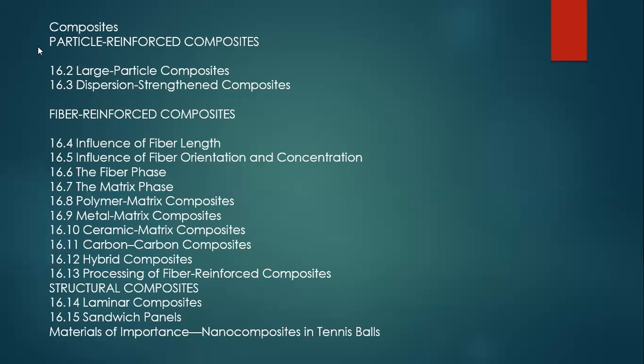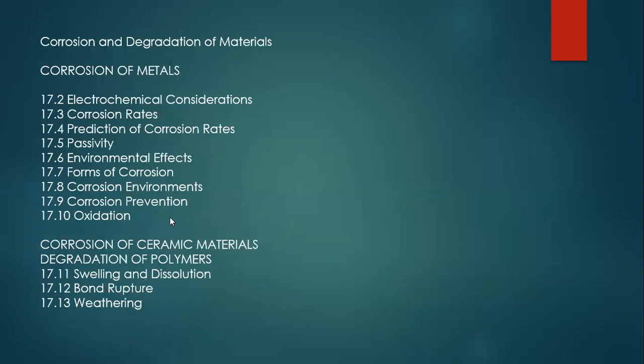The other topic that we'll discuss is particle reinforced composites. Then apart from that, fiber reinforced composites, and structural composites. We have a lot to cover. Then from that, we look at corrosion of metals, then corrosion of ceramic materials, and degradation of polymers as well.